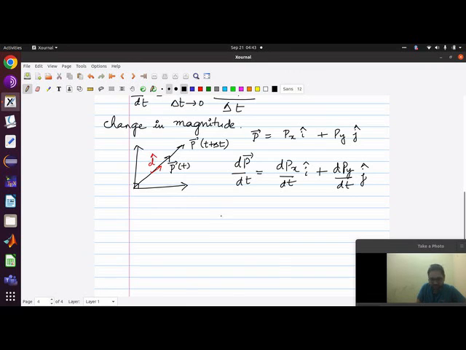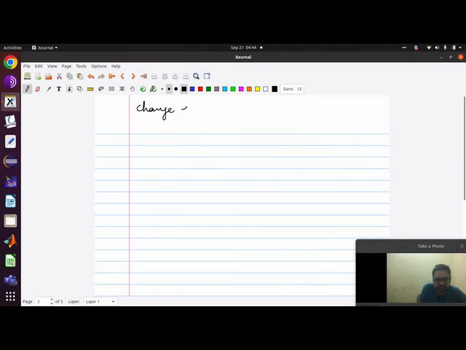Direction remains the same, and magnitude is the one that is changing, or dP by dt d cap, right? Now the second case: no change in magnitude, magnitude is constant.